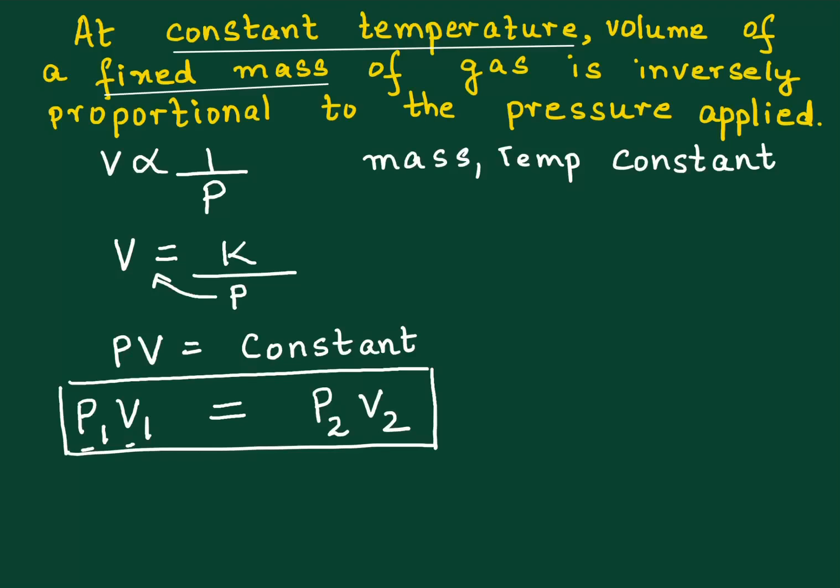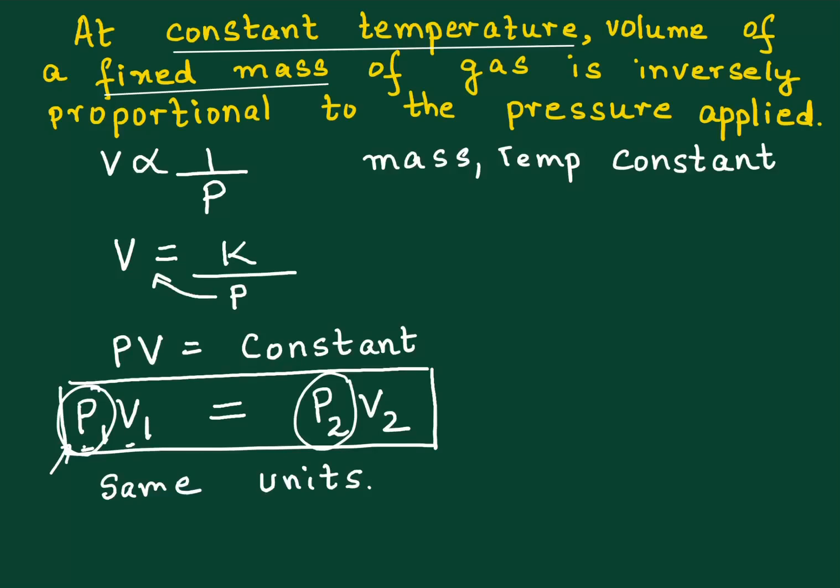Now remember over here, when you are doing questions based on this, make sure that the units of the pressure and the volume on both sides are the same. No matter what units you take, it doesn't make a difference. If you are taking atmosphere on the left hand side, make sure that the pressure on the right hand side is also expressed as atmosphere.